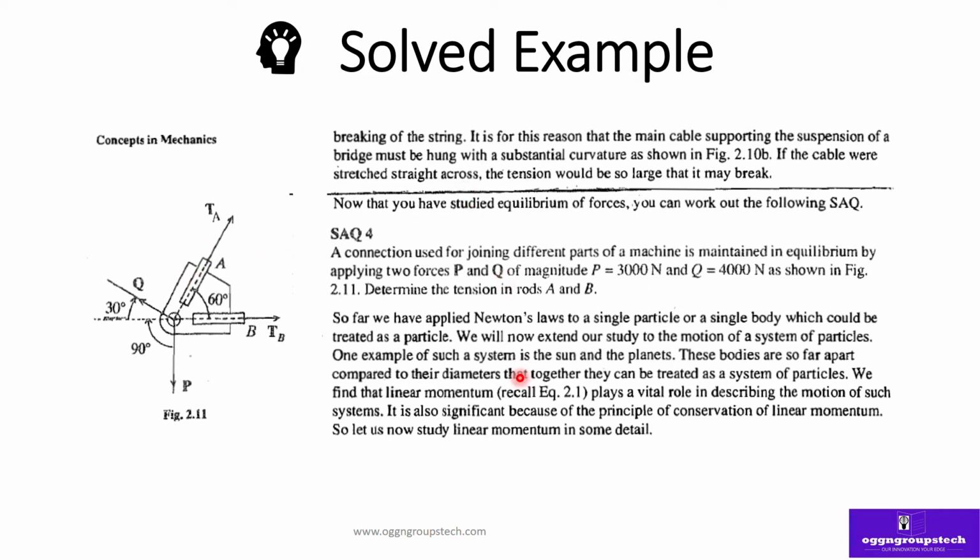Now till now we have completed our Newton's laws of motion, then we have completed the applications of Newton's laws, and we have completed the topic with some examples, and last but not least, the equilibrium of forces we have done. So let's start with our momentum.